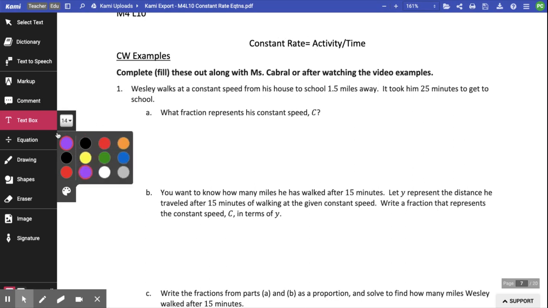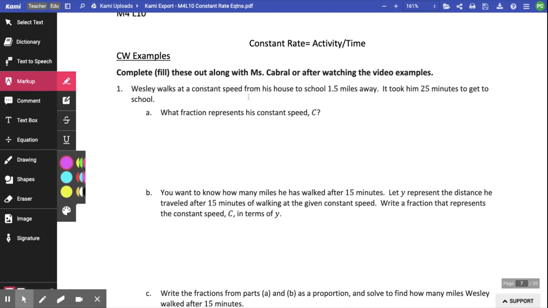For constant rate, we want to know the activity or the distance over the time. It's important that it's a constant speed. Really, the 1.5 miles is the important part because the miles represents the activity or the distance being completed. And it takes him 25 minutes to get to school, so the time is 25 minutes.